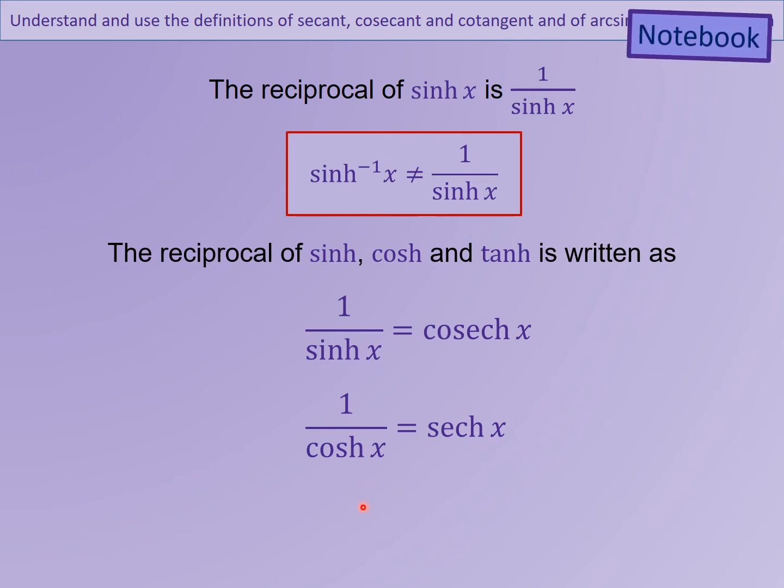And then finally, 1 over tan was cot, so 1 over tanh is coth. Again, third letter T, tan. So very similar to your normal maths. Although these words seem a bit unusual, they are very closely related to trigonometric functions.